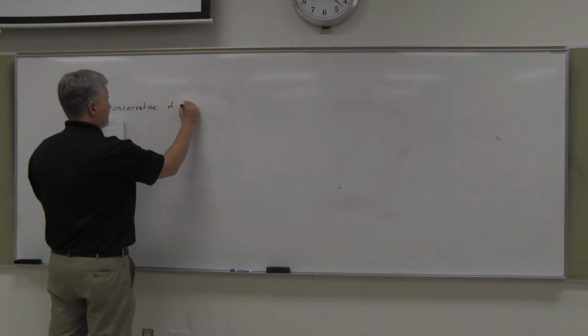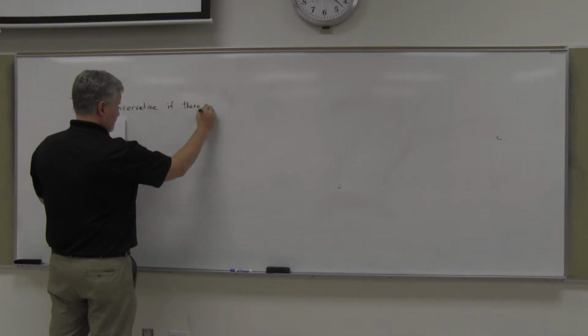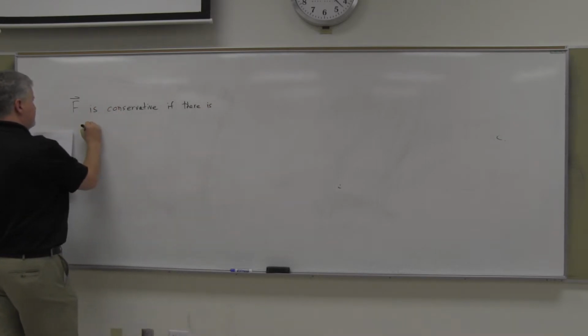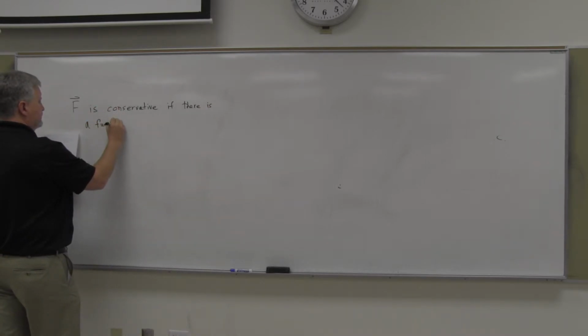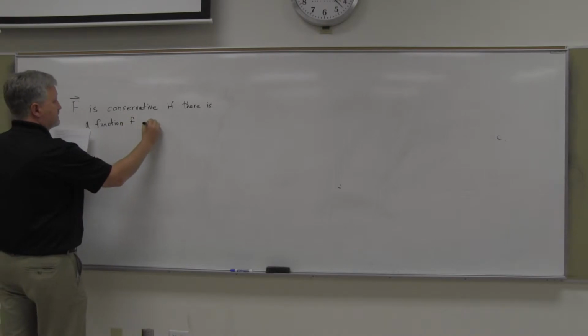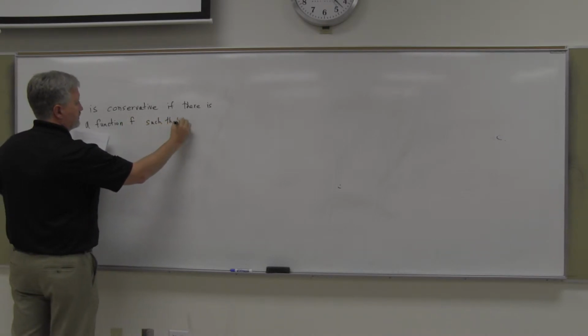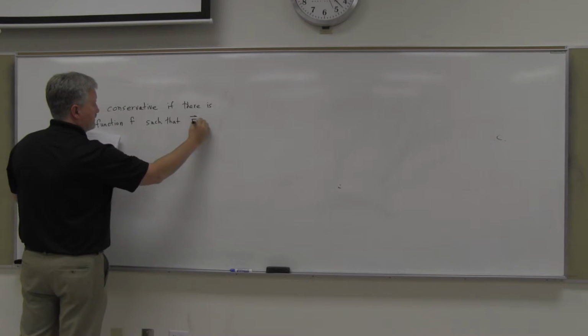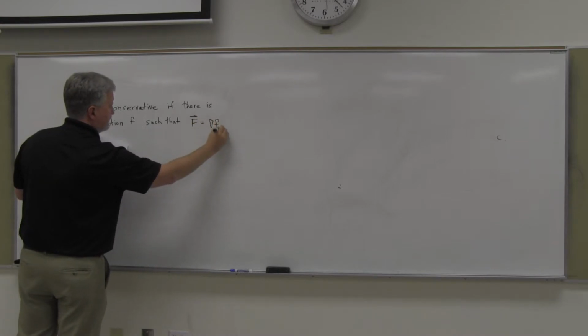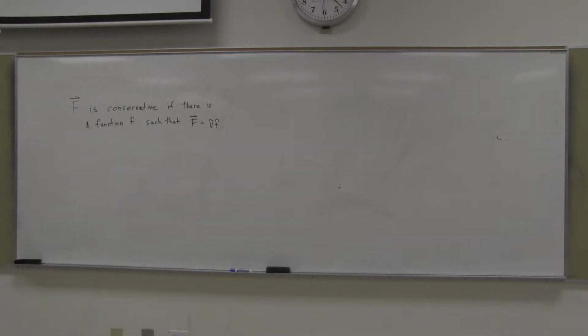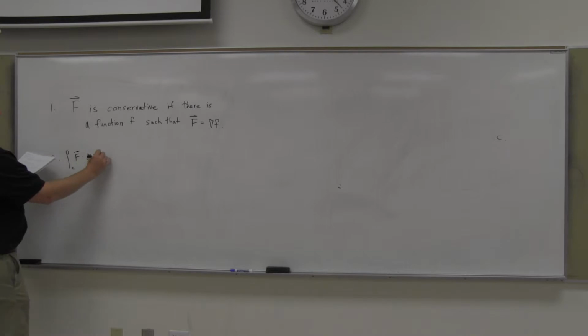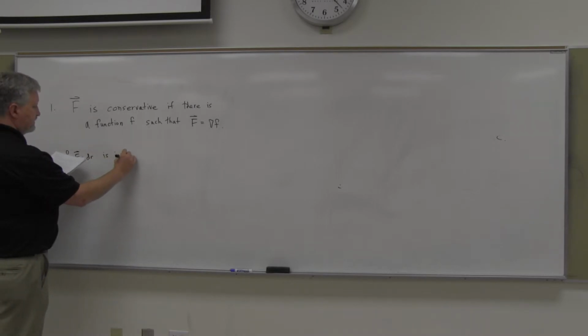This is one we talked about, but just a reminder. If there is a function f such that F equals the gradient of f. That's that idea of conservative. That's number one. Number two, the line integral over C of F dot dr is independent of path.